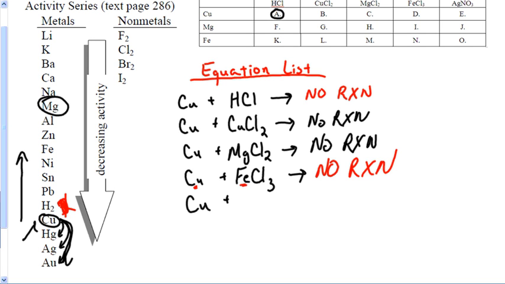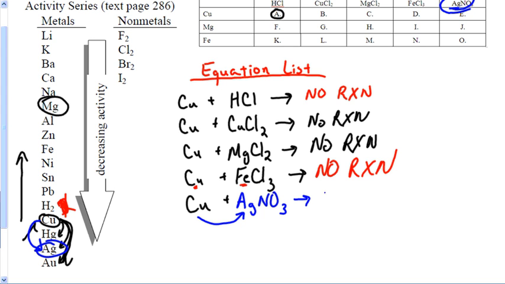Now, let's get to the next one. We're trying to react copper with silver nitrate. Is copper higher on this list than silver? And believe it or not, finally, copper is more active than silver, which means this one will react. So what's going to happen, it's kind of like stealing somebody's girlfriend here. Copper's going to slide in, and it's going to knock that silver out of its place. In other words, they swap places.